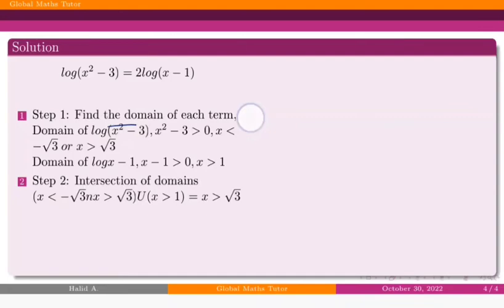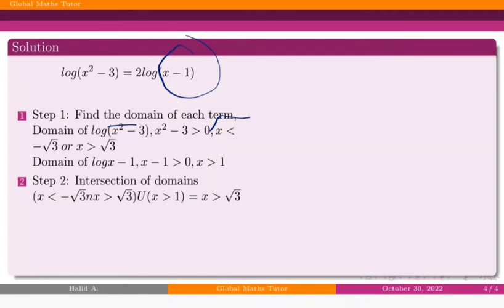So to satisfy, it should be less than minus root 3 or greater than radical 3. This can be solved using the sign chart method or any other method you have known to solve a quadratic inequality. Okay, the second is that x minus 1 must be greater than 0. It means x must be greater than 1.